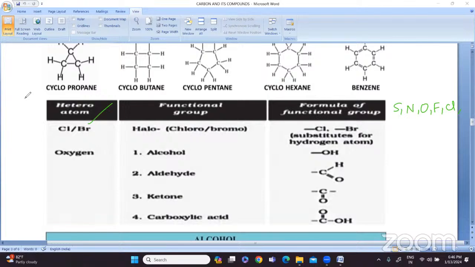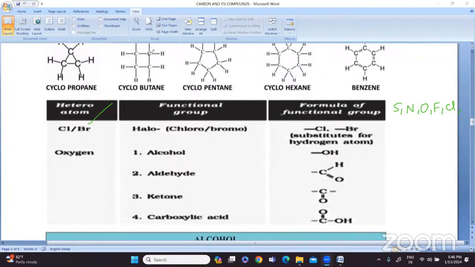Now, which functional group will it belong to if you have a heteroatom? Whenever you have chlorine or bromine, the functional group present will be a halogen.